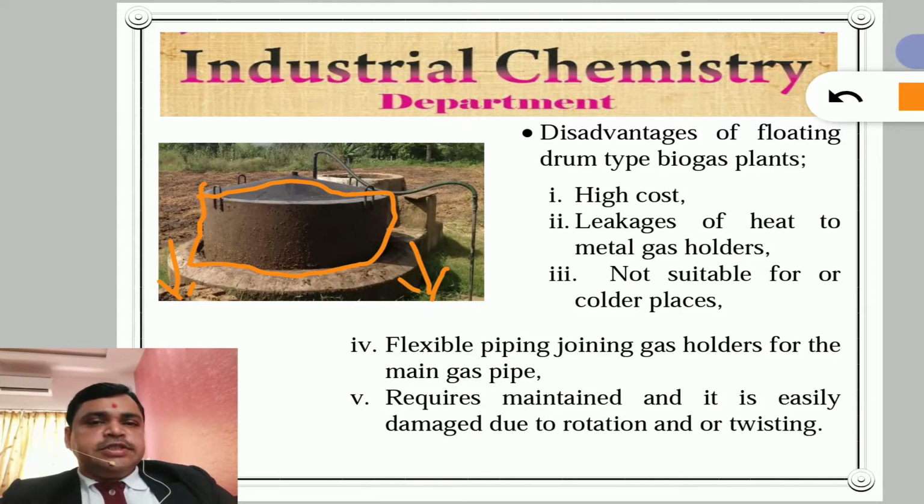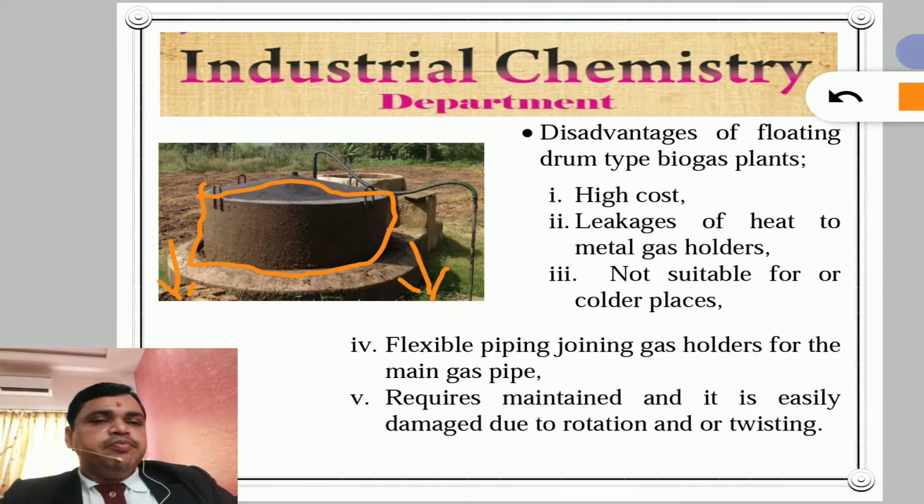Rotation or twisting of the earth is continuous and our digester is below the ground level, so it is easily damaged due to rotation and twisting of the earth, and the earth continuously rotates around the sun.